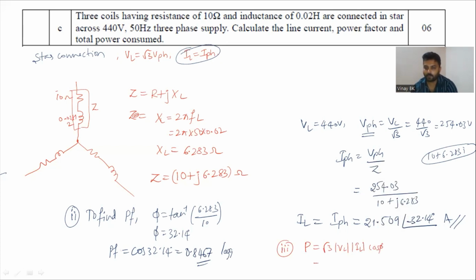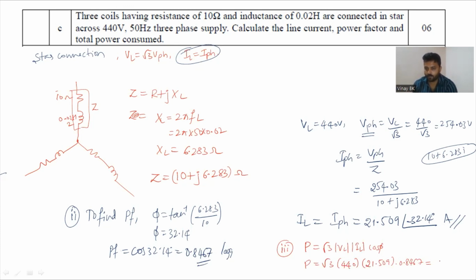Root 3 into VL is 440, remember VL. IL, only the modulus, is nothing but the magnitude 21.509. Cos phi is 0.8467.